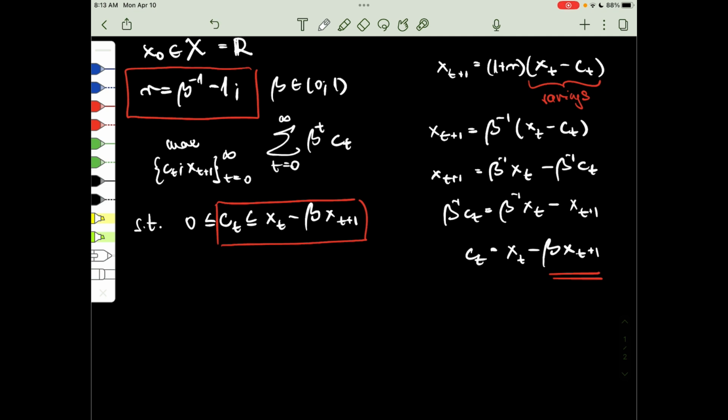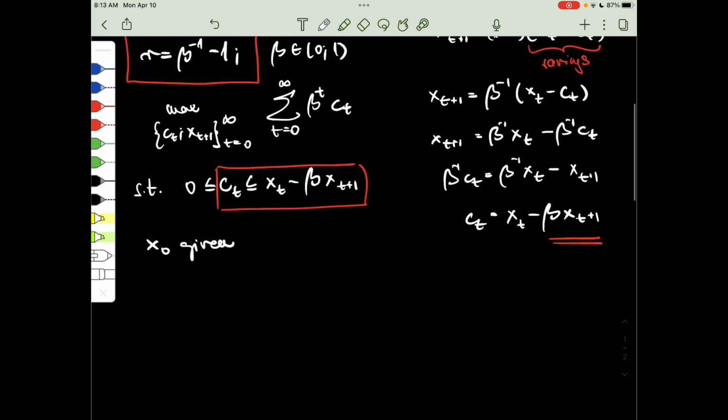As consumption is unbounded, starting from any x0 initial wealth, any level of consumption is achievable. So the supremum function is infinity at any initial wealth. This is the supremum function.